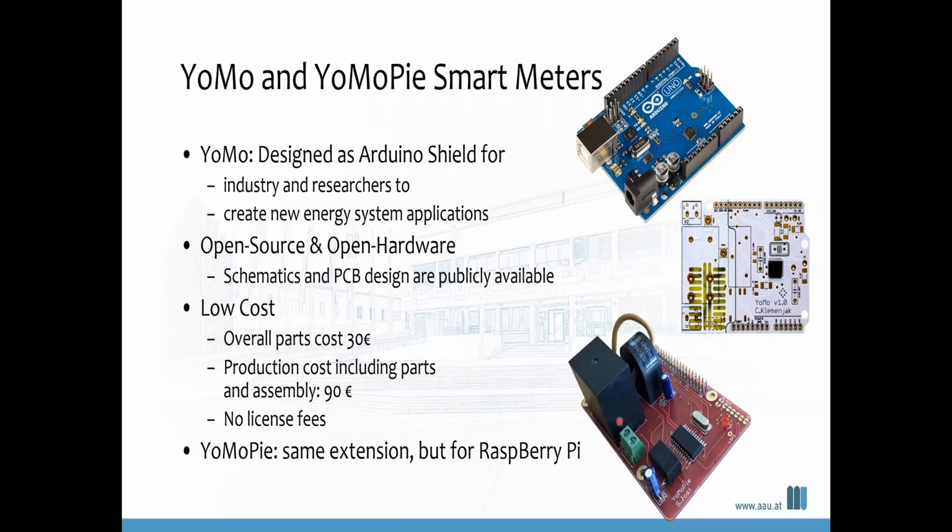So we have 230 volts on these parts. So you have to be really careful and know what you're doing. And you also have a version with a case so that it's not possible to touch the live wire.